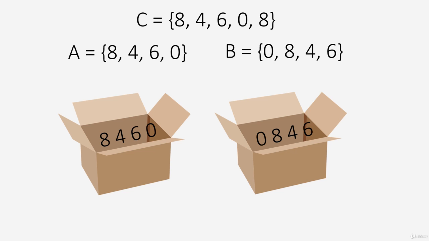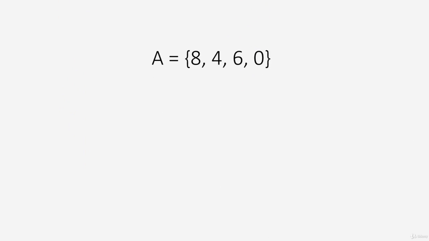Okay, now let's talk about the ways to define a set. We can do it simply by writing out all the elements inside braces, but sometimes we have an infinite set, and obviously you cannot just write all the elements inside braces. So we define these sets using their characteristic property.